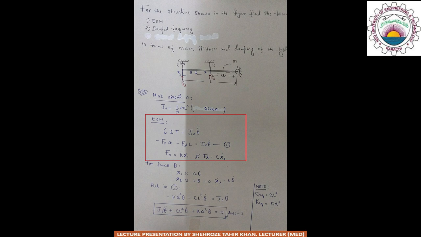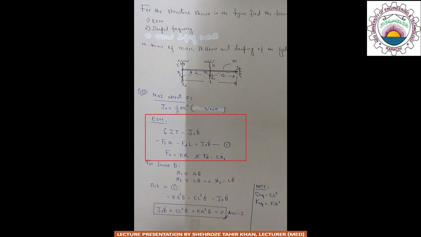From the given figure and the deflection diagram, it is clear that Fs is equal to Kx1 and Fd is equal to Cx2 dot. And for small angular displacement theta, x1 is approximately equal to A theta and x2 is approximately equal to L theta, which implies that x2 dot is equal to L theta dot.